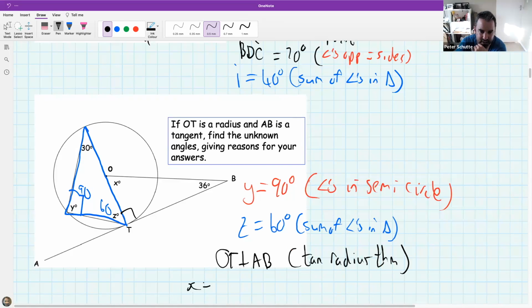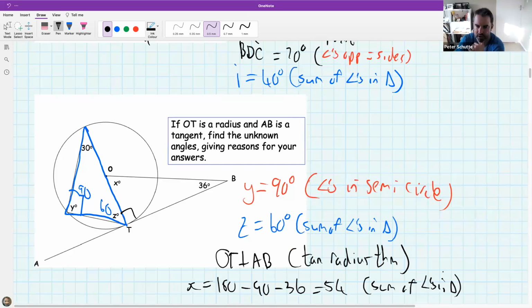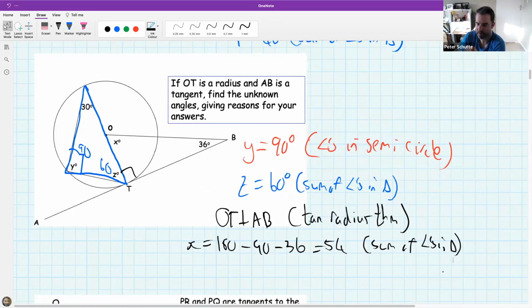And so then X would just be 180 minus 90 minus 36, which would be 54. Sum of angles in a triangle. Okay, I'll just leave that up for a moment. Maybe some of you missed Monday, but I did do that on Monday. I'm recognizing that.